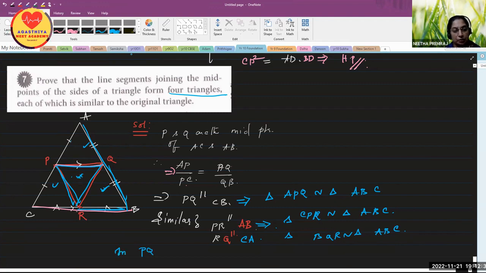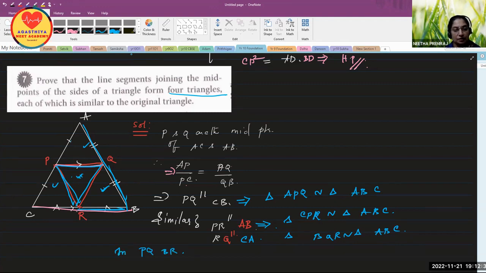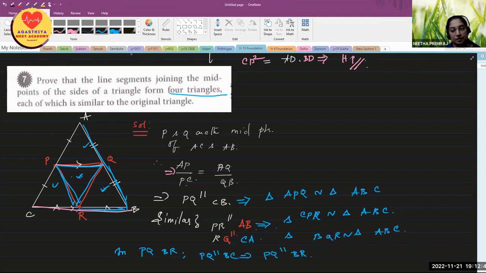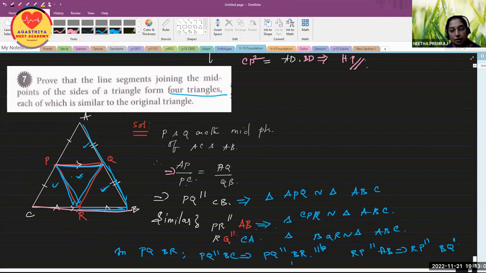PQBR. PQ is parallel to BC, which implies PQ is parallel to BR. Similarly, RP is parallel to AB, which implies RP is parallel to BQ. So RQ is the diagonal.